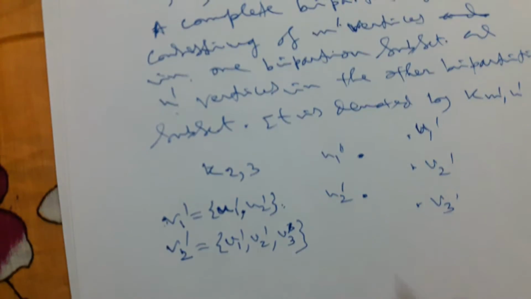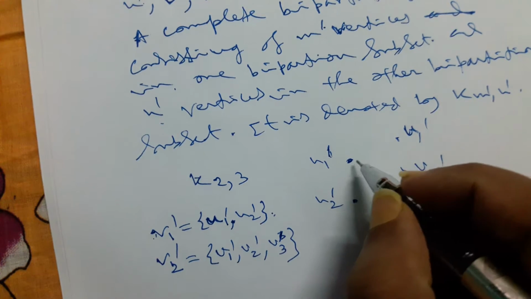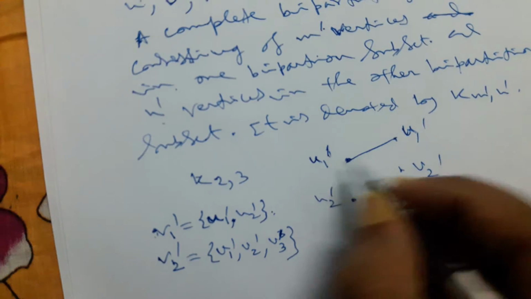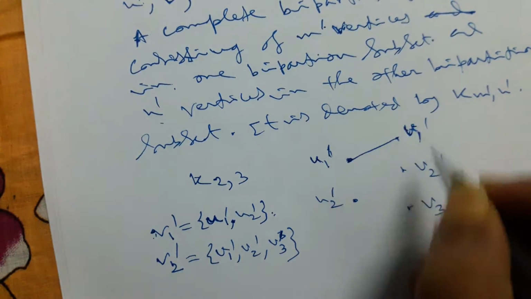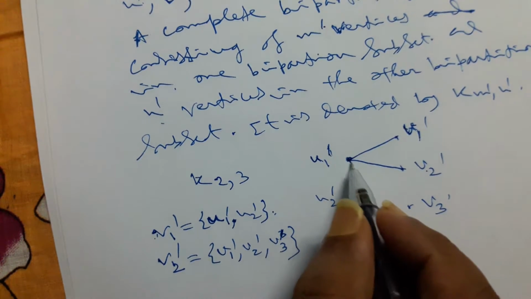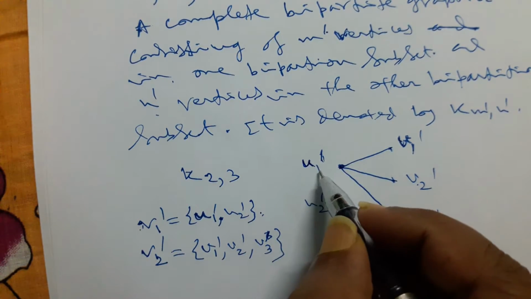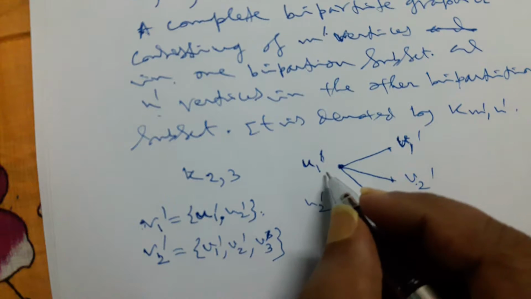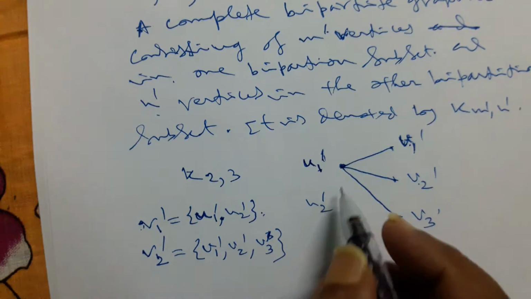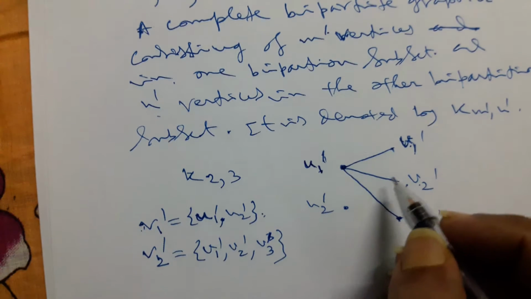Now we draw. u1 dash must be incident with v1 dash, one end is u1 dash and the other end is v1 dash. Then u1 dash is incident with v2 dash, and u1 dash is incident with v3 dash.